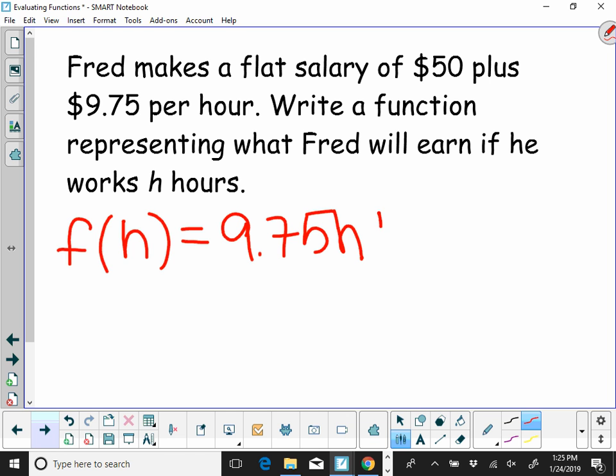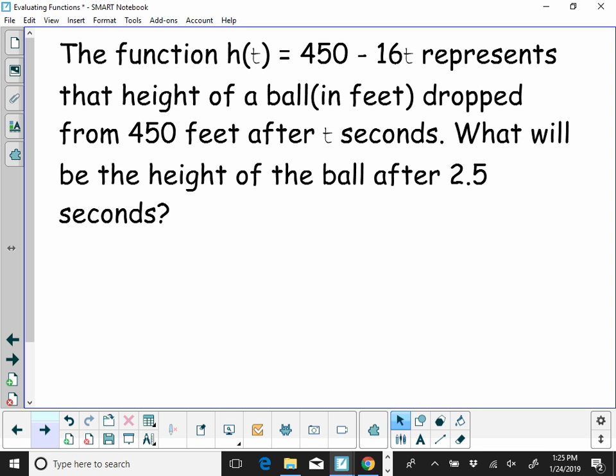Are we done? Plus the $50 that he gets if he shows up. Okay, so it's just a regular equation like we were writing earlier this year already. Okay, it's just instead of using C or T or whatever, we're using F of whatever letter that it's dependent on.